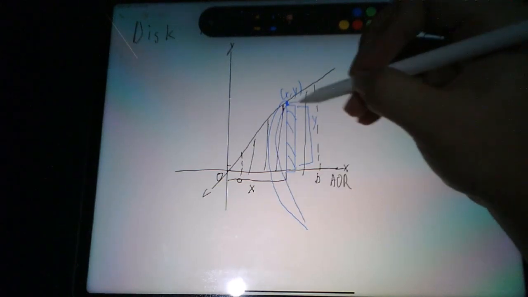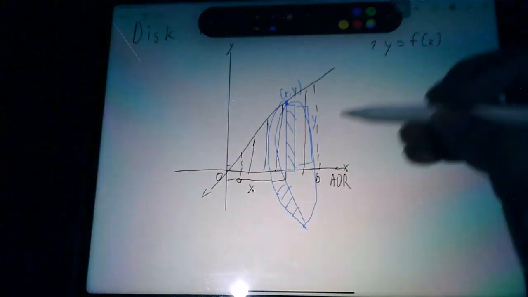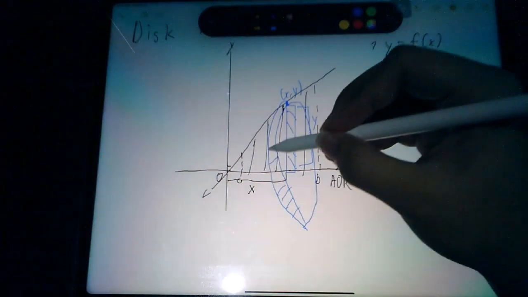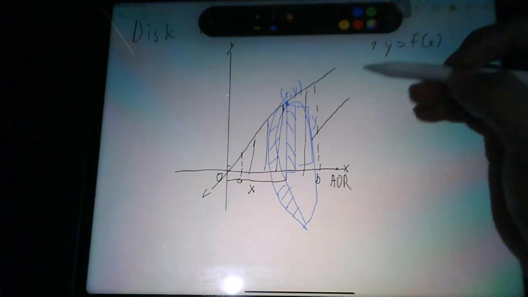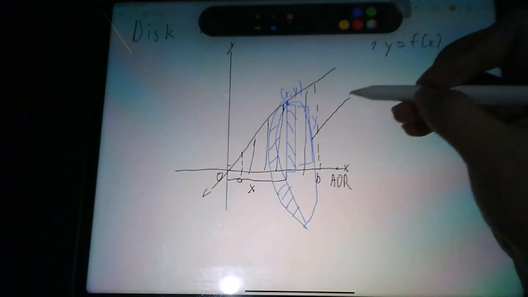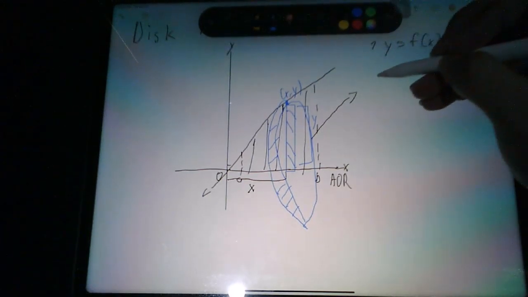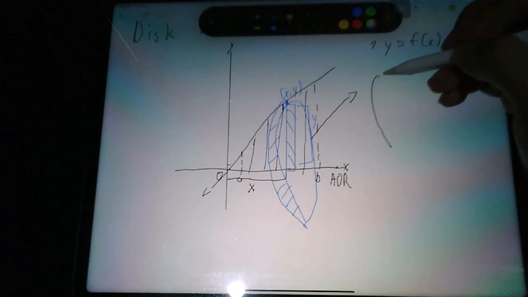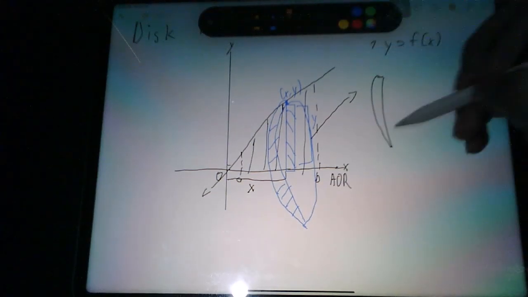Now if we rotate this vertical strip, see that this forms a cylindrical disc. Now let us take out that cylindrical disc. Let's say this is our cylindrical disc. Let me erase that.